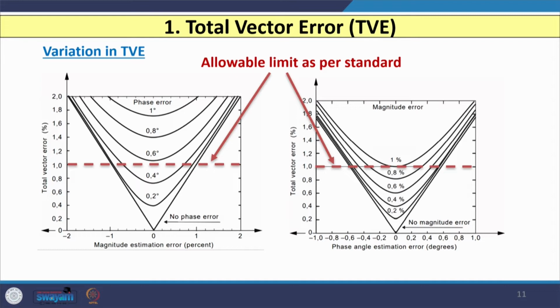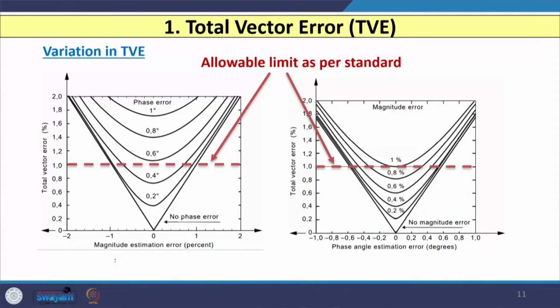If I plot the variation in total vector error with reference to the magnitude error, and then the total vector error with reference to the phase error, then in the first graph you can see I have considered the magnitude error on the x axis in percentage and total vector error on the y axis, assuming that my phase error is 0. Then you will have this curve.